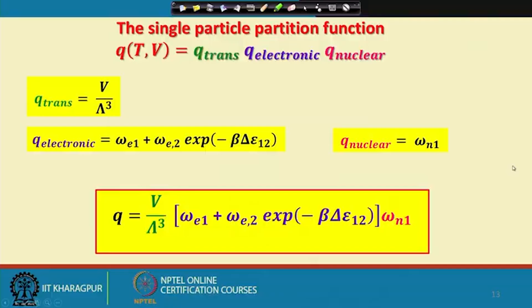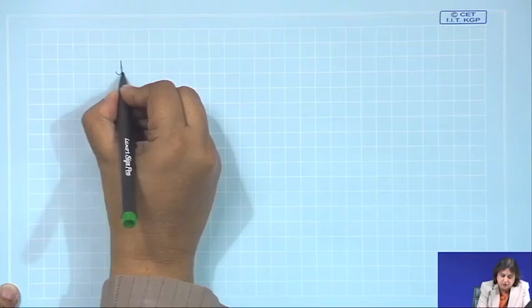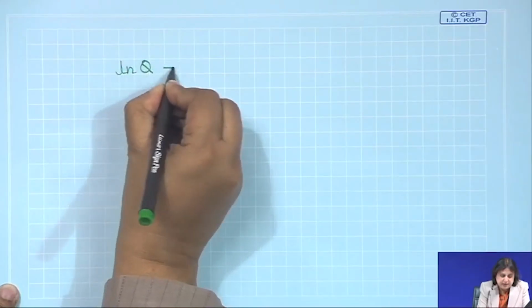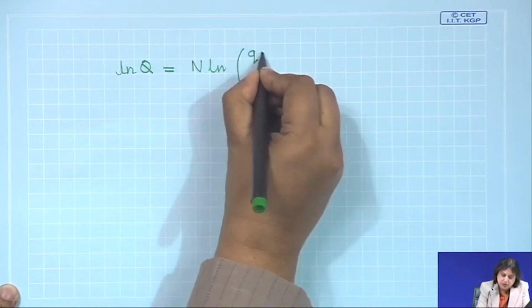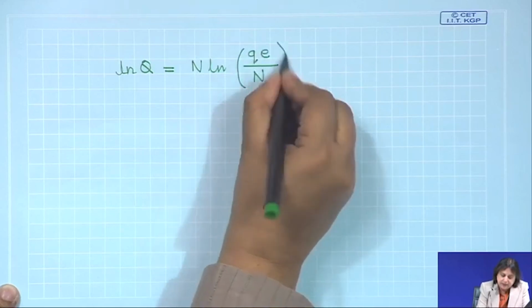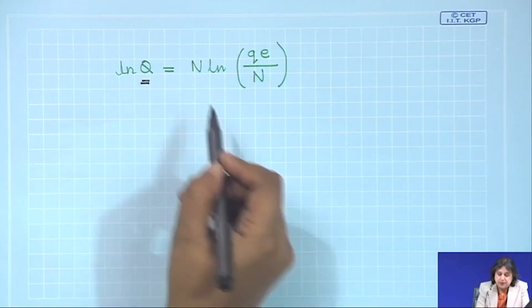So, let us now go back and try and find out the simplest possible things, and for this purpose what I will be requiring is the expression for capital Q. Okay. So, if I look at what happens to capital Q as a function of volume, I see that ln Q is equal to capital N ln small q e divided by N. So, where does the dependence on volume in capital Q come from?